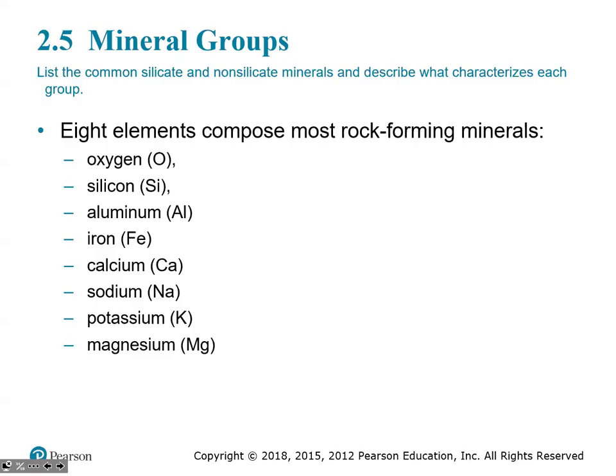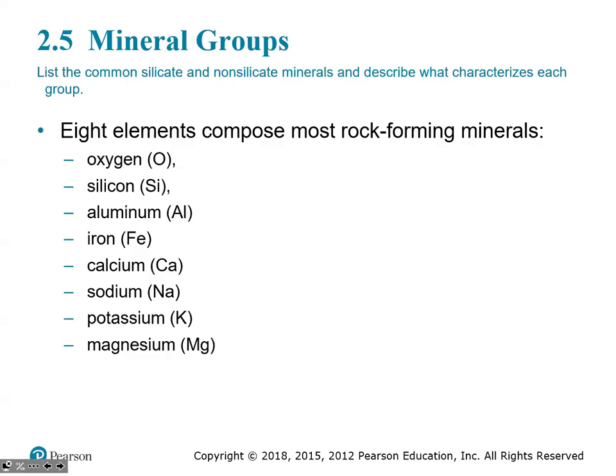So when we look at minerals, most rock-forming minerals are made from 8 elements. These are, in order from most common to least common: oxygen. Oxygen is the most common element in the crust. Silicon is number 2. And silicon and oxygen together form the core of the largest group of minerals.